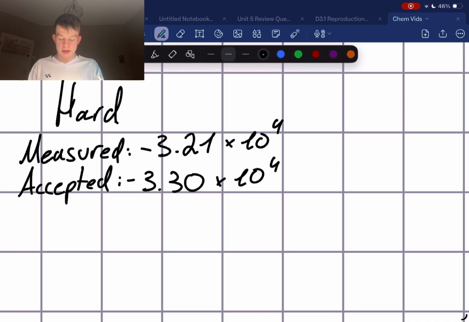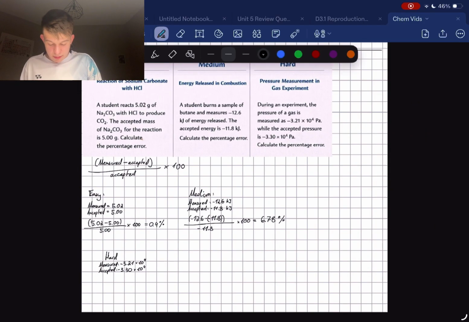Now we do the same thing. We put it in our formula, measured minus the accepted.